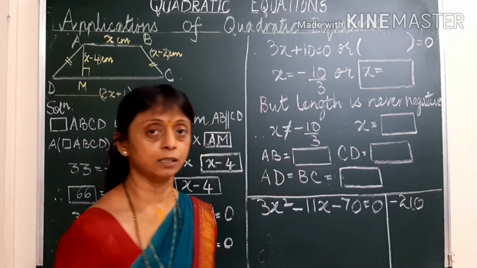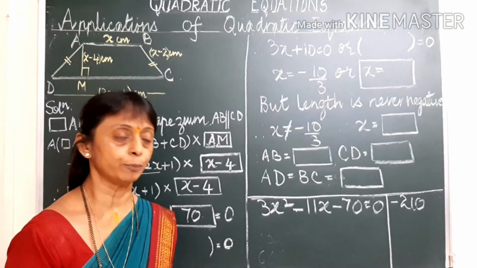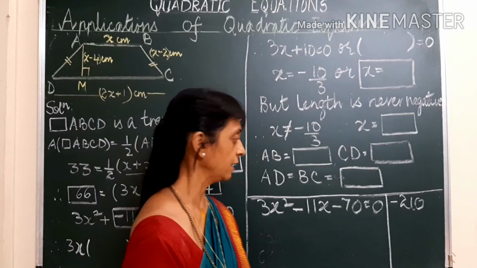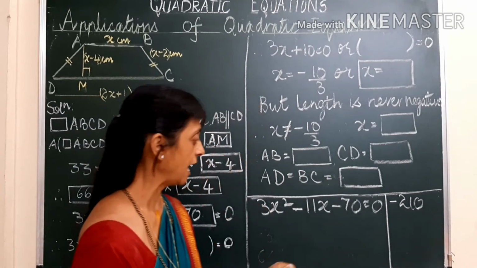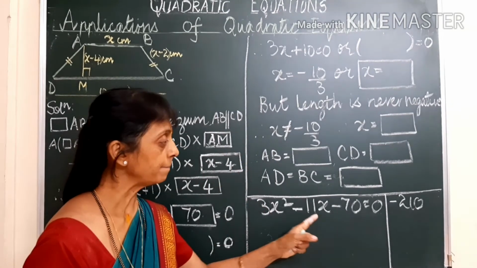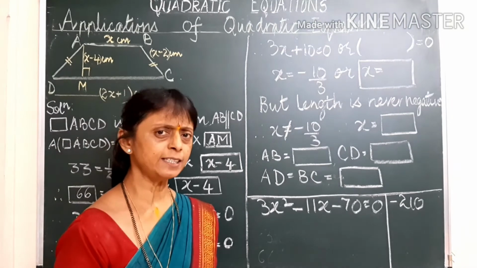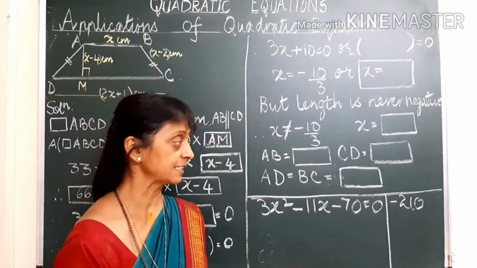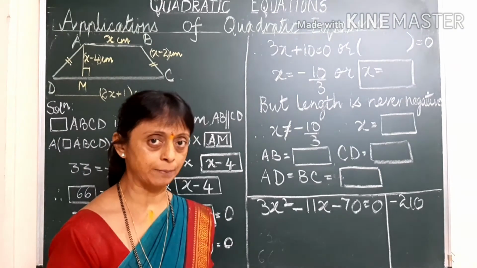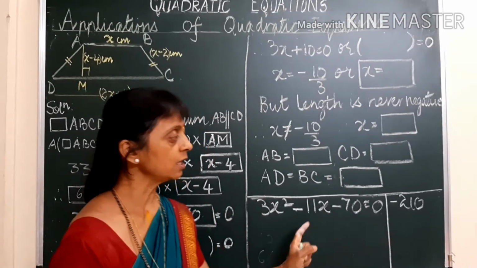That means the pair that you choose, the product should give you minus 210, and the sum should be minus 11. So let's rack our brains if we can find such a pair of numbers which satisfy both the conditions.